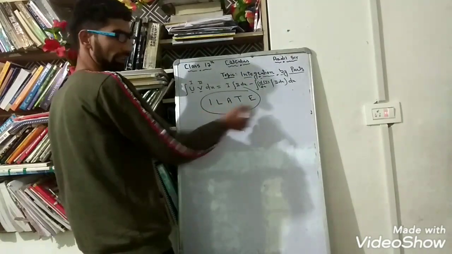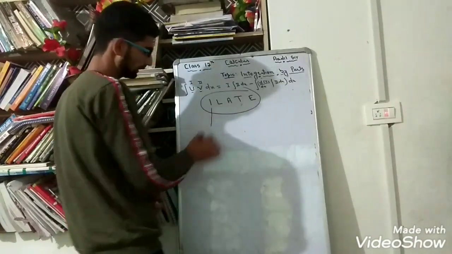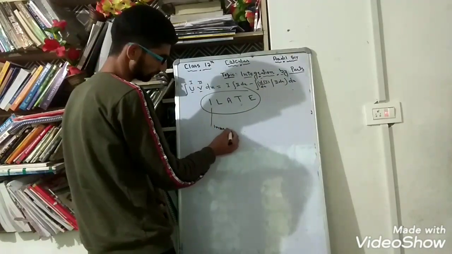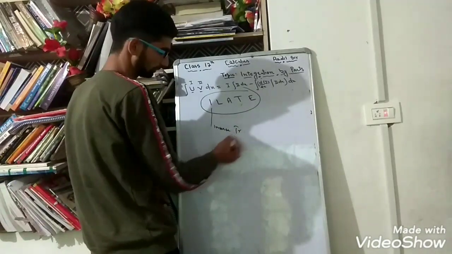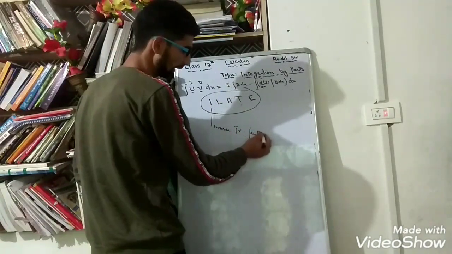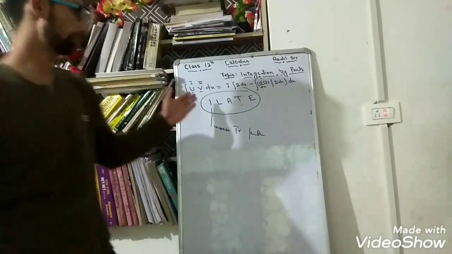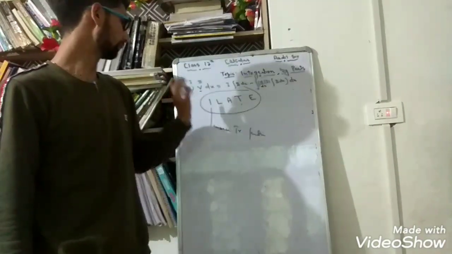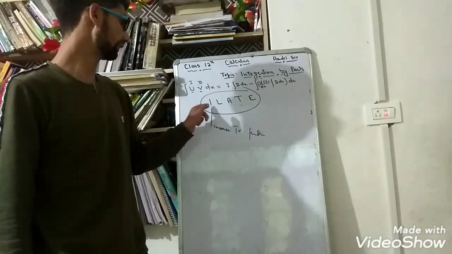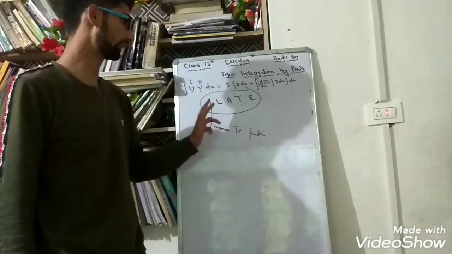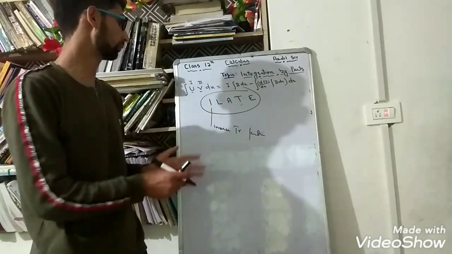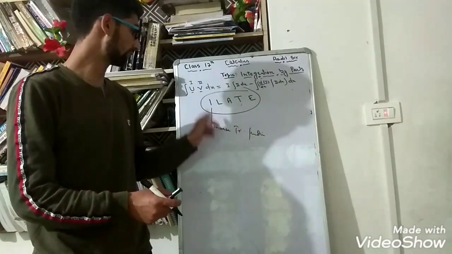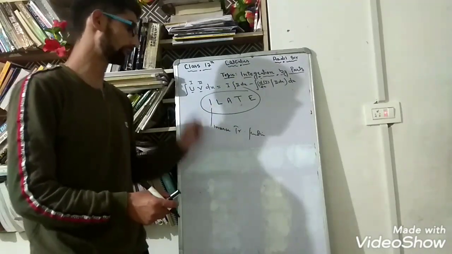This is ILATE. The I represents inverse trigonometric function. If we have a product of two functions and one of them is an inverse trigonometric function, then we consider that inverse trigonometric function as the first function.